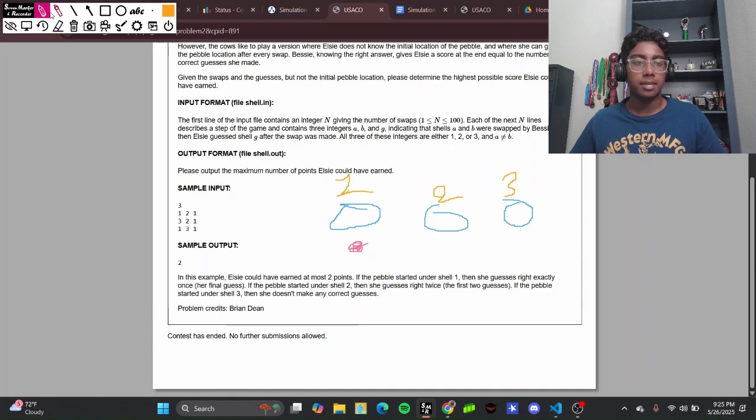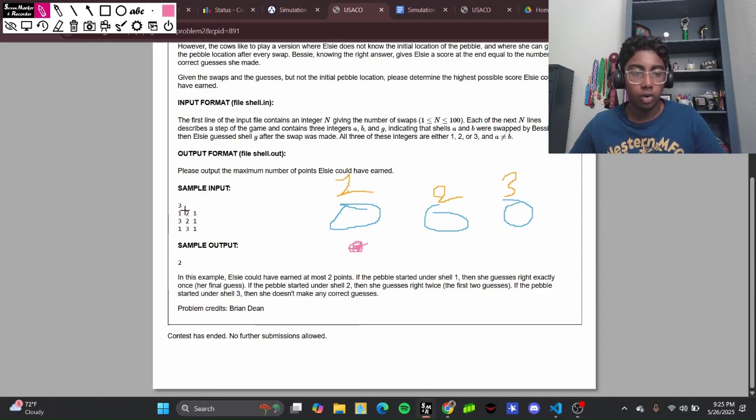Okay, now let's say the original position for the pebble is that Bessie placed it under shell 1. When we go through these swaps and guesses, we're simulating this.